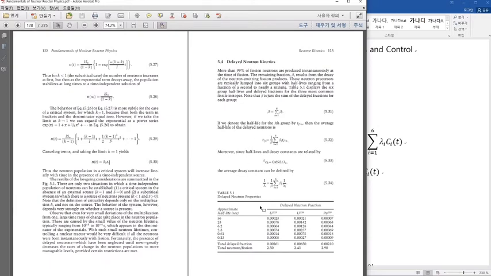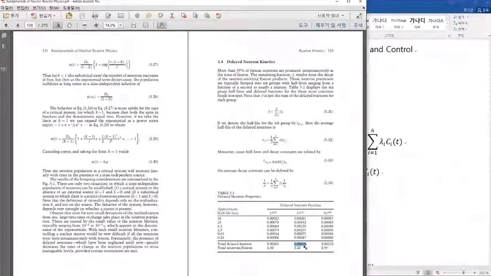So there are some important properties of delayed neutrons. In case of uranium-235, we only have 0.65% of delayed neutrons. That means 99.35% of neutrons contributing to fission reaction would be prompt neutrons.